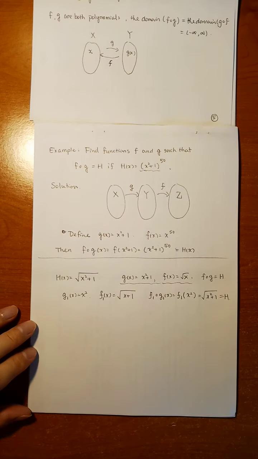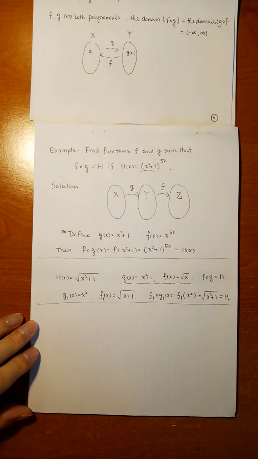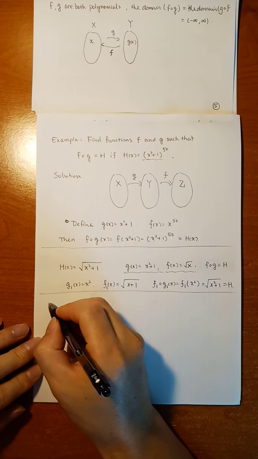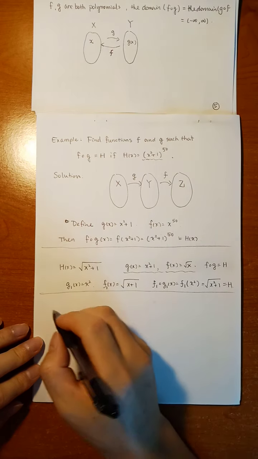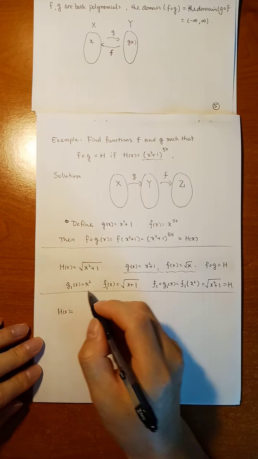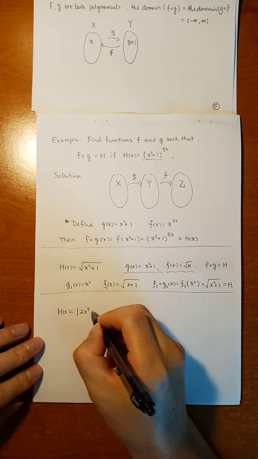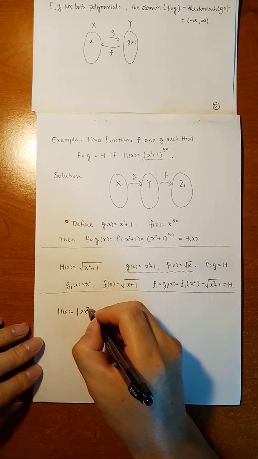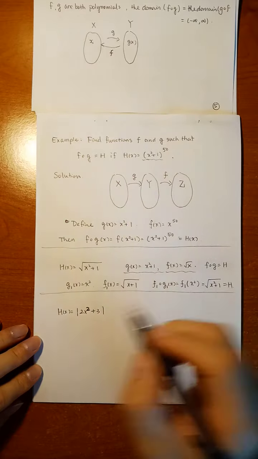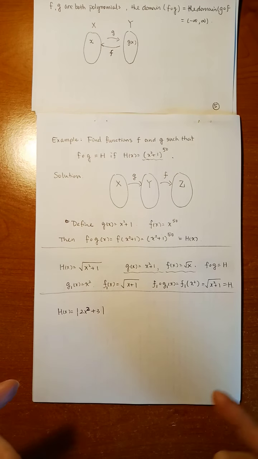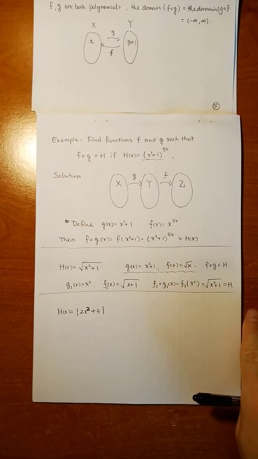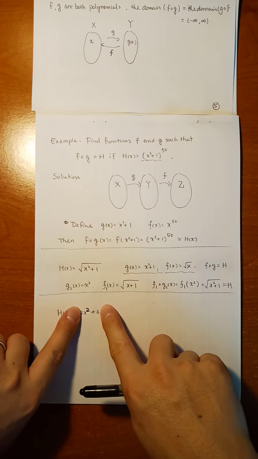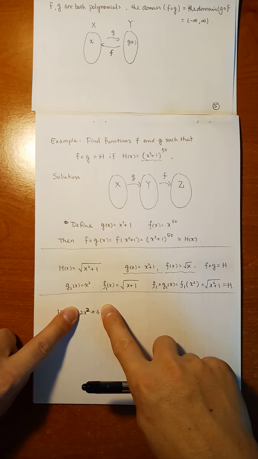And another example. Let's see, for example, h of x is equal to the absolute value of 2x squared plus 3. How do you find g and f? You just see what your first step of computation is and what your second step is. For the first step, you don't take the absolute value, you just compute 2x squared plus 3.